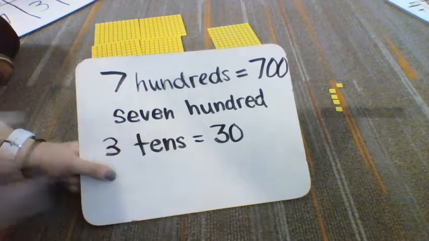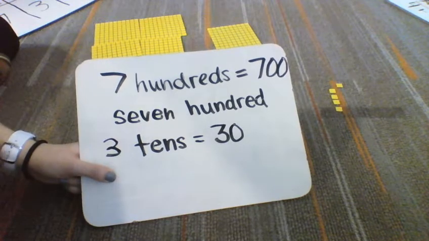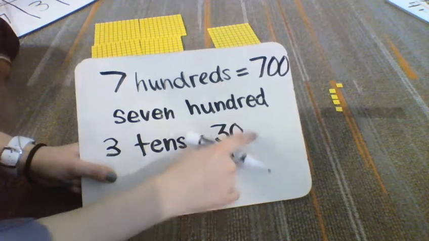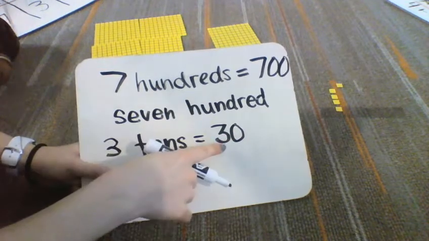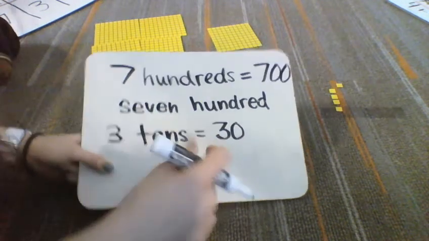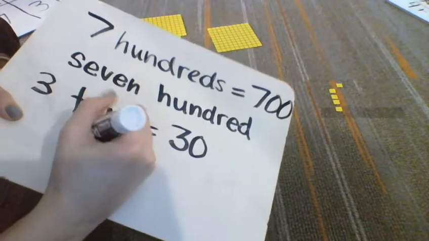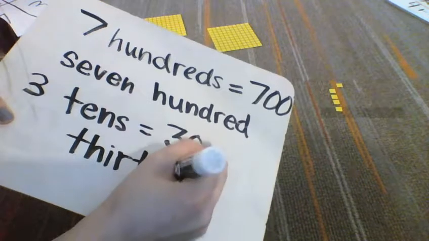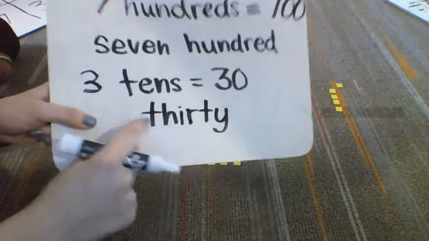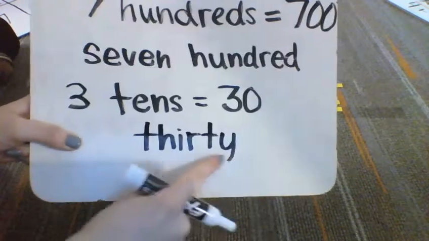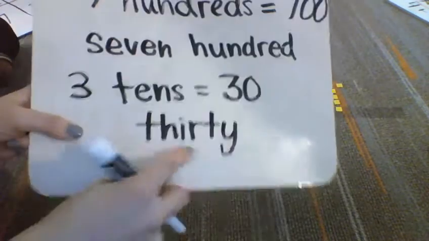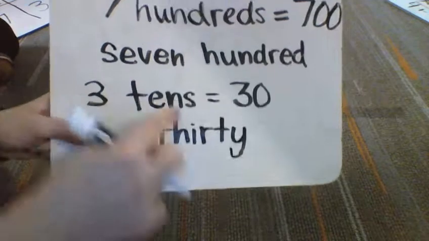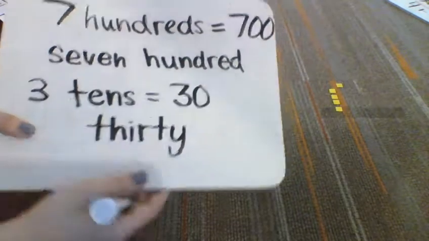This is also in your book on page 68 if you want to follow along. Now how would we write this using words again? So 30. You can sound it out. Thirty. These words right here are the same as this number written. So 730.